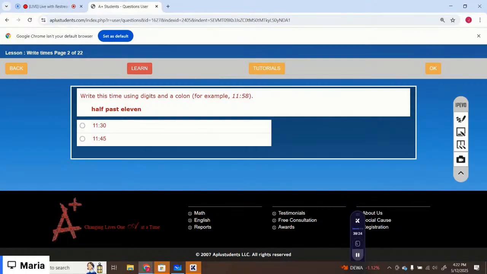Write this time using digits and a colon. 11:30. That is 11:30. Half past is 11:30. Option number one is the correct option.